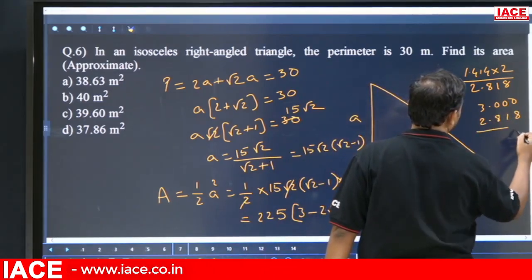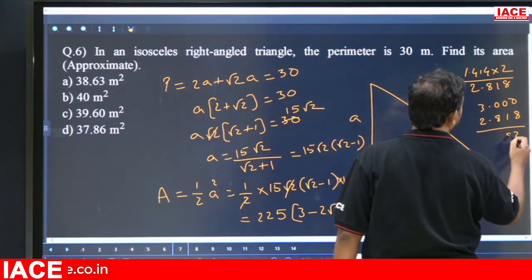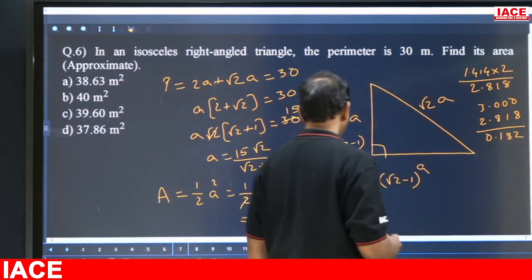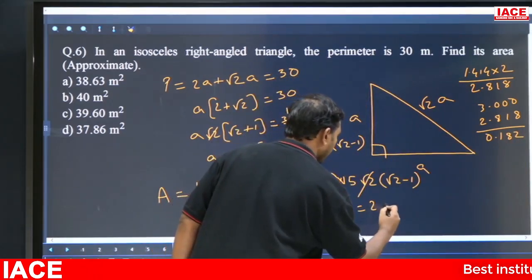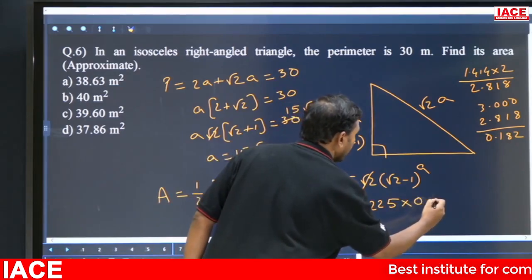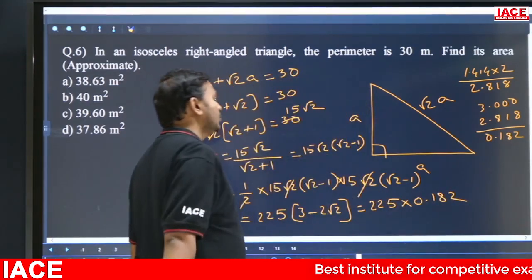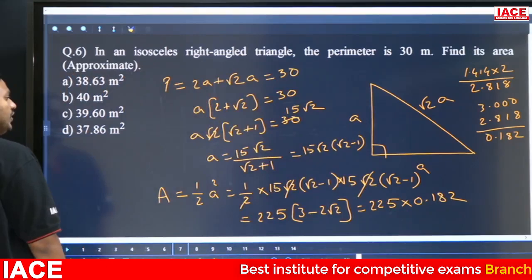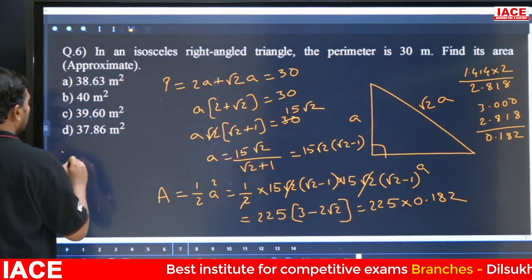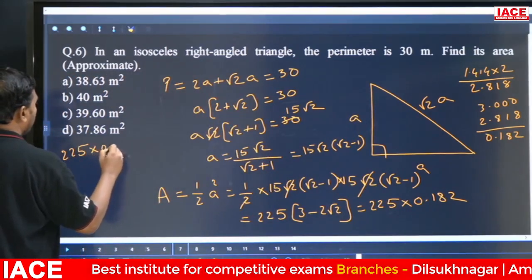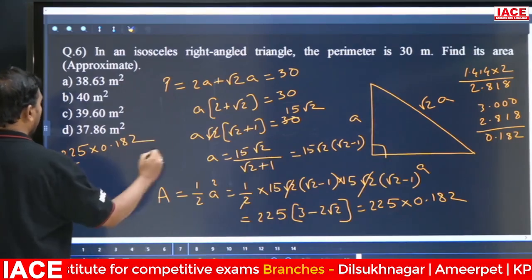2.818 means how much? So that is 225 into 0.182. We have to multiply.